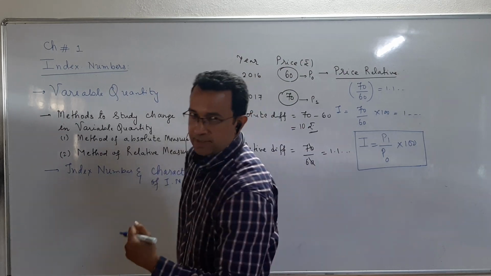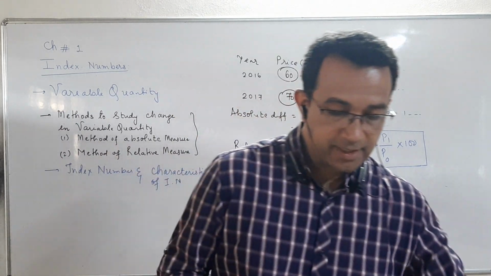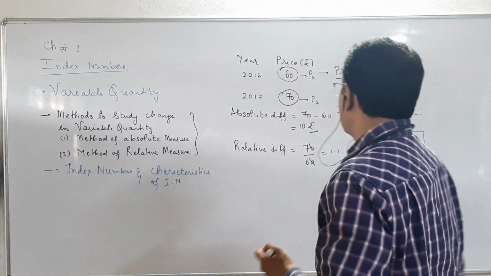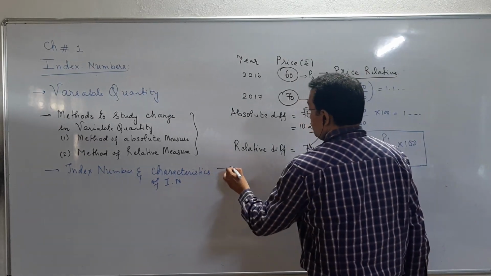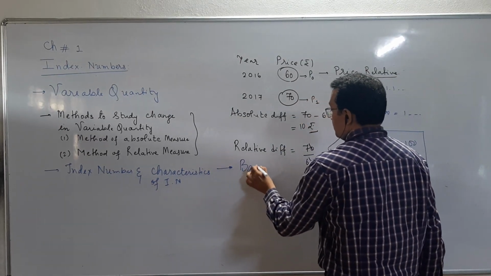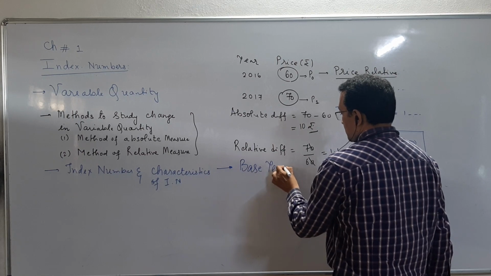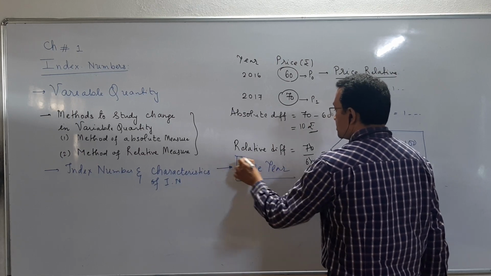Then I told you there are some 10-11 types of different index numbers. Our next definition, students, is base year. This is very important in this chapter.